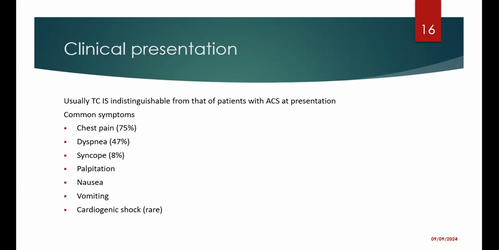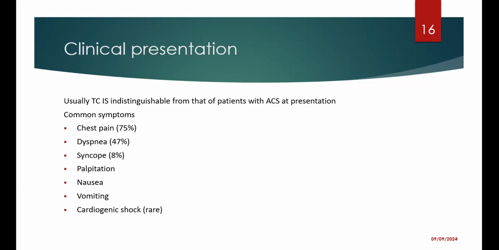So how do these patients present? Usually they present just like acute coronary syndrome, and it's usually difficult to differentiate the two at the initial presentation. Commonly, they will present with chest pain, occurring in about 75% of cases.